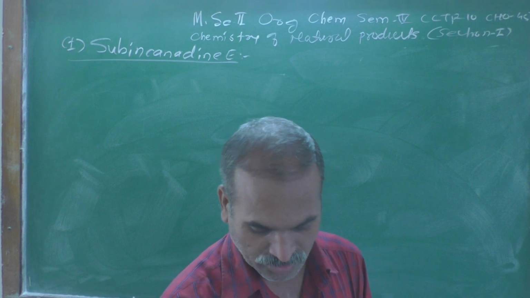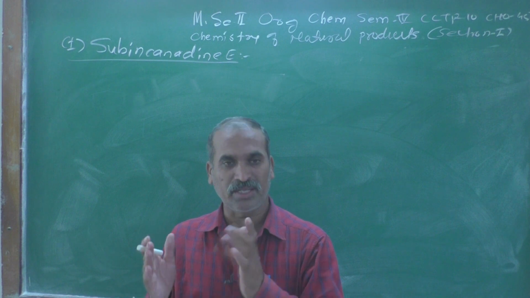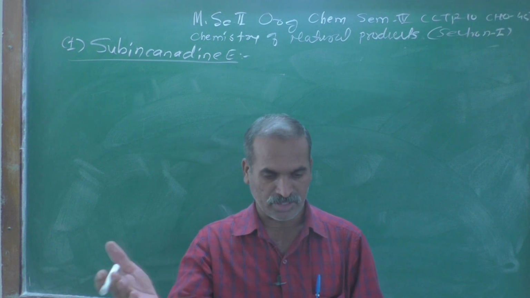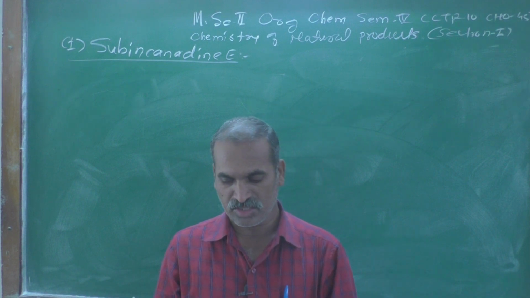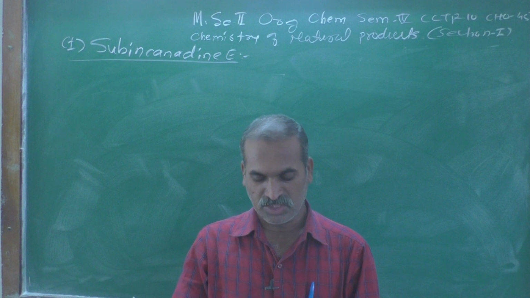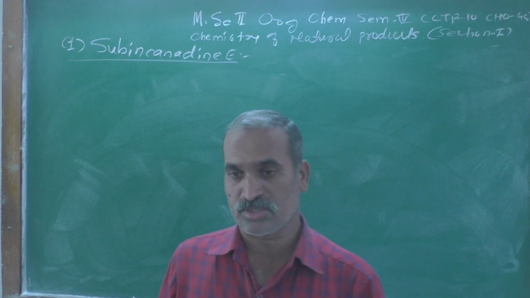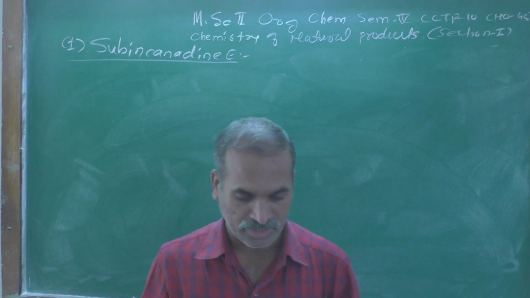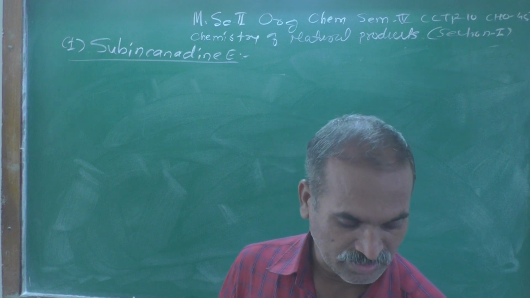In the introductory part we have seen there are Sabinene Canadines A to G, seven molecules, and their structures, how many chiral centers are present, whether they are optically active or optically inactive, and how to determine that.